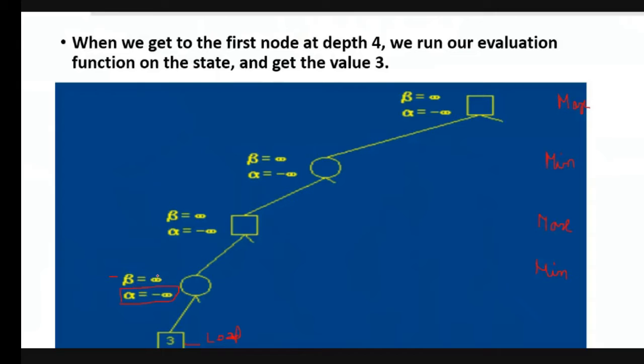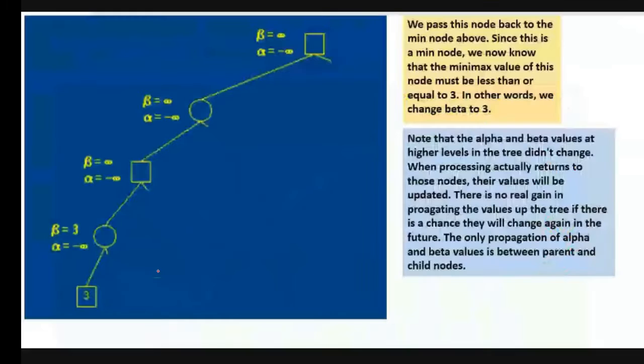Alpha is unchanged, and beta is going to be updated, because this controls the new beta value. So this value will be taken as the beta value. We have passed the value of 3 to this. If you go for the minima, you know that beta was infinity at first.